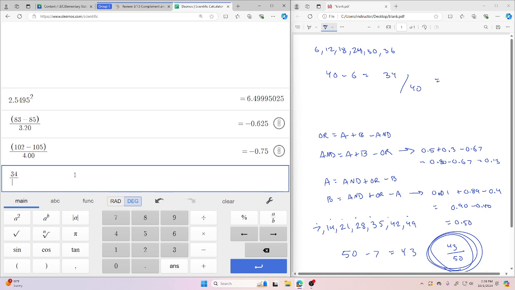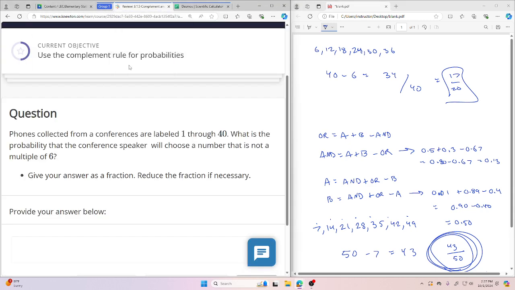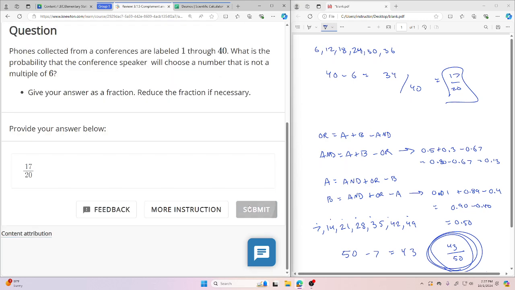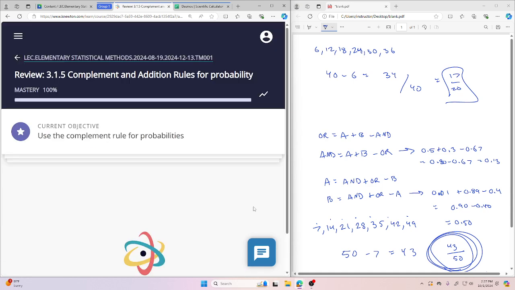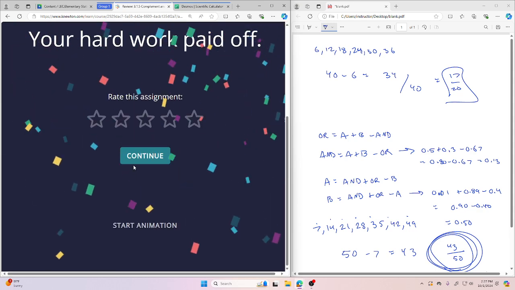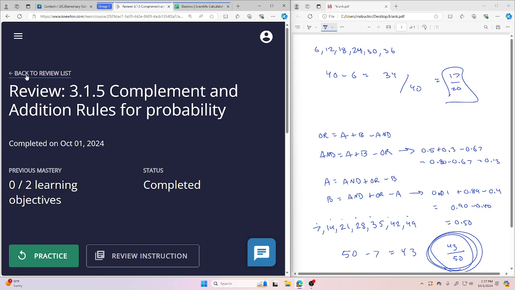So 34 divided by 40, 17 out of 20. Anytime there's something like simple math that you think you might be able to figure out, don't. Just let the calculator do it for you. Much better in the end. Awesome. We got time. We got this.